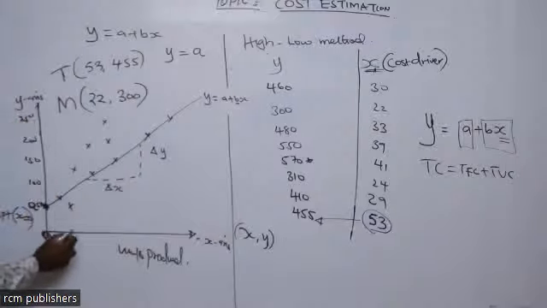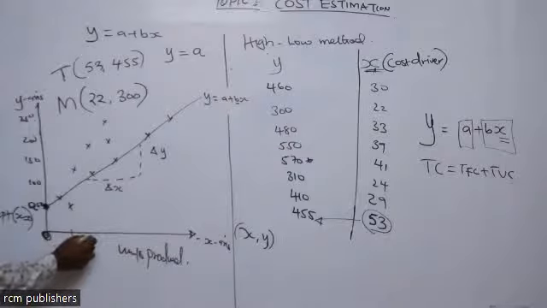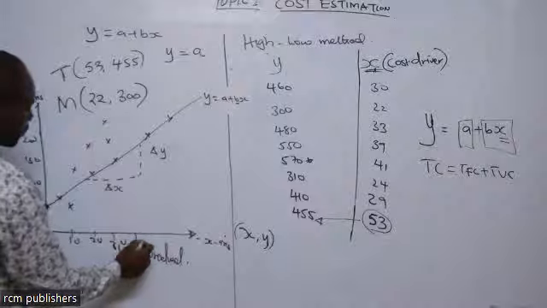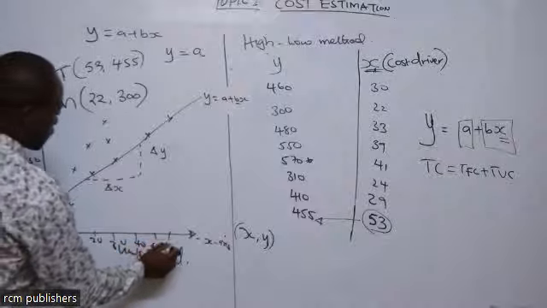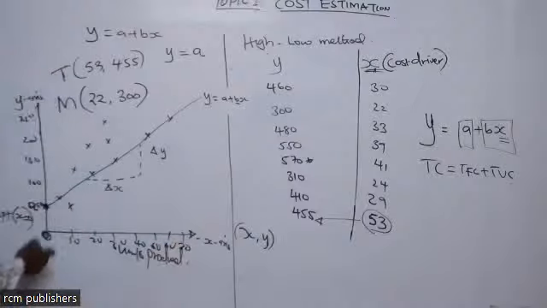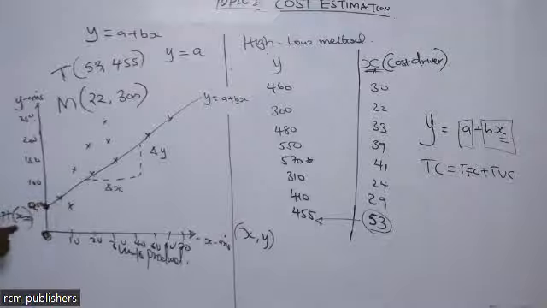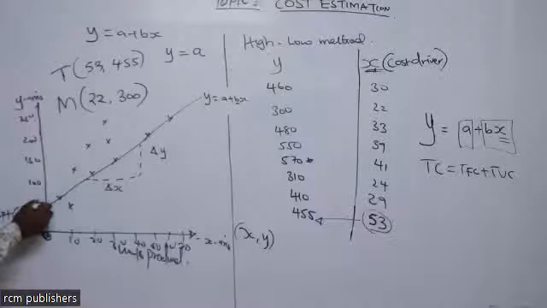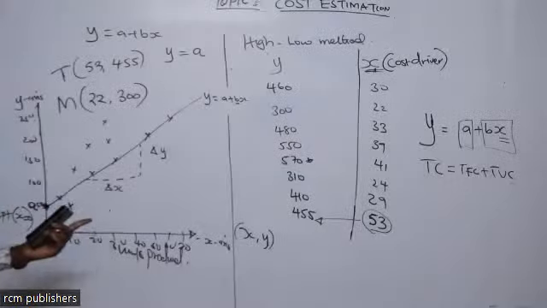Here is 0, 10, 20, 30, 40, 50, 60, 70. So at this point, the y-intercept, when x is equal to 0, that value of y becomes our fixed cost.